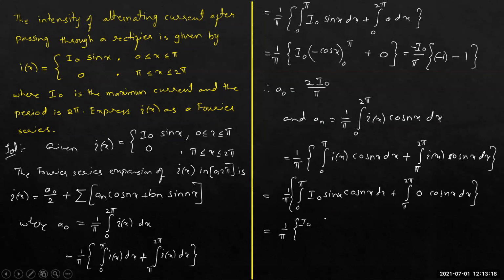It is like 2 sin a cos b, just like sin a into cos b, so I can take it as 2 sin a cos b. To get 2 sin a cos b there, I'm just multiplying and dividing it by 2, so that I can write it like this. 2 integration from 0 to pi, 2 sin x into cos nx. Plus here, this is anyway 0.